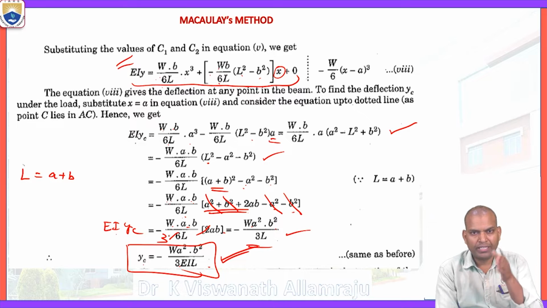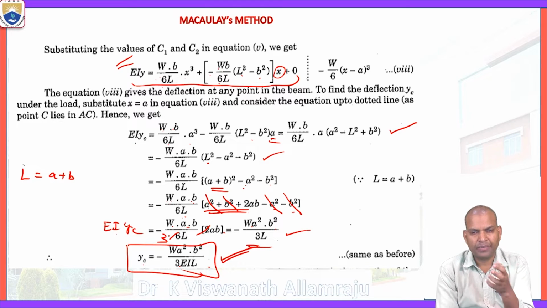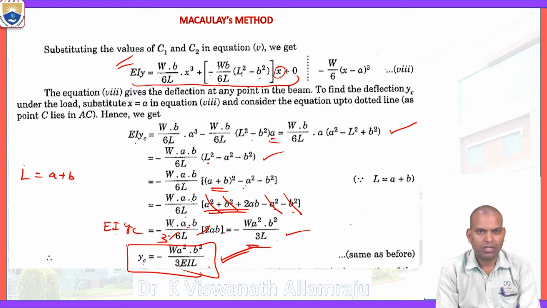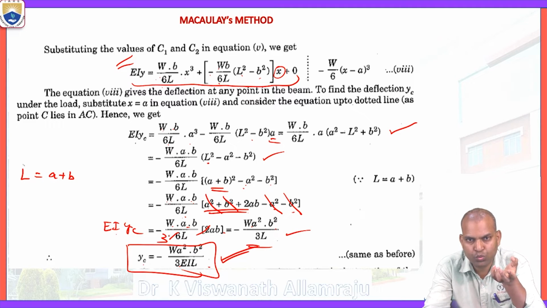So for the case of an eccentric load, we have to use the double integration method two times in order to get the deflection at point C, where the eccentric load is acting. But whereas in the Macaulay method, it is so easy, directly obtained wherever we want.